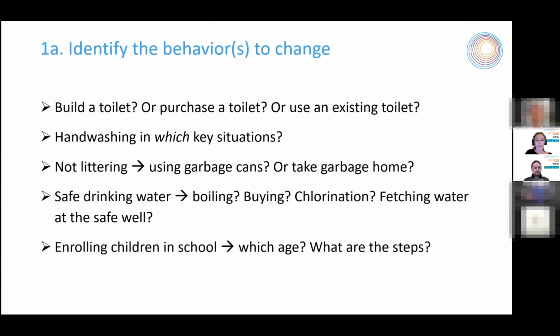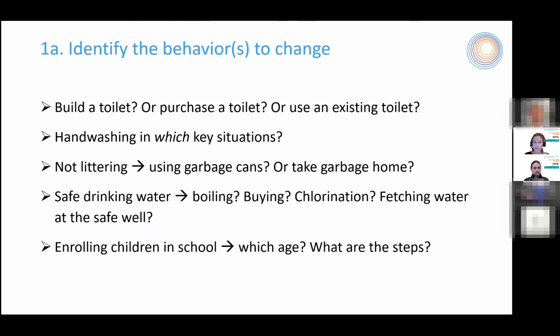So first of all, it is very important that you identify the behaviors that you want to change in your project. And you have to be very specific. You have to think from the perspective of your target population, of the user of a toilet. And you have to define very precisely what your behavior is.